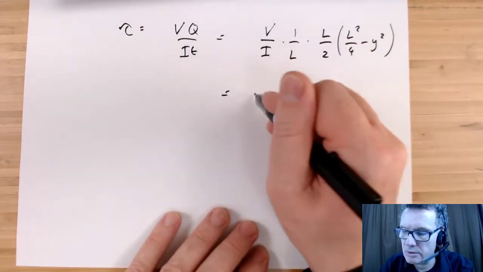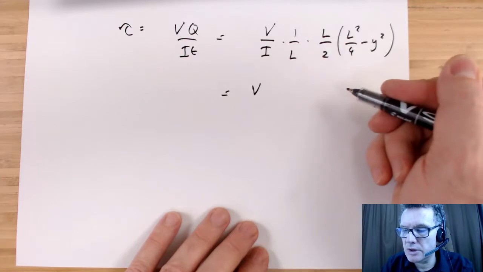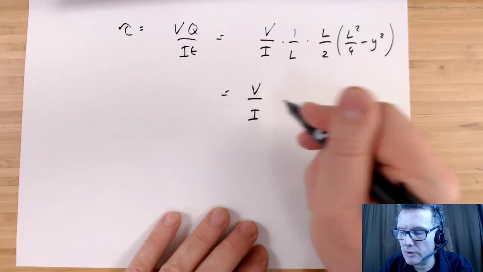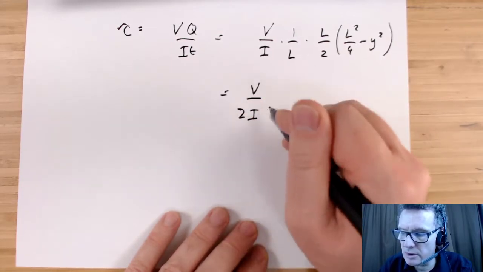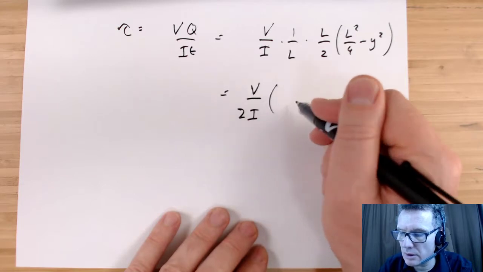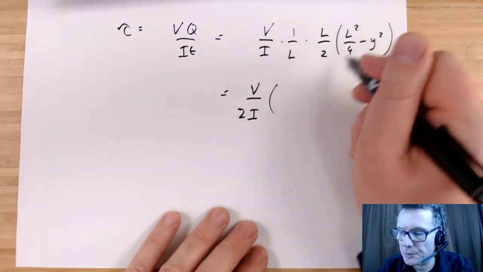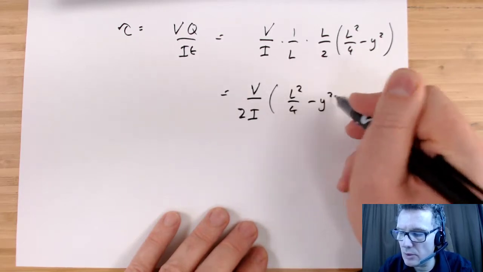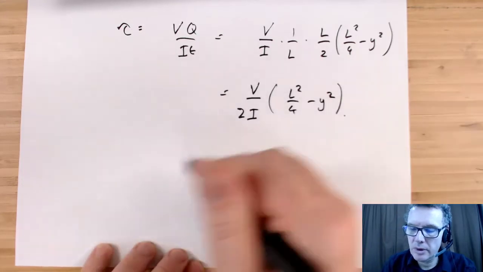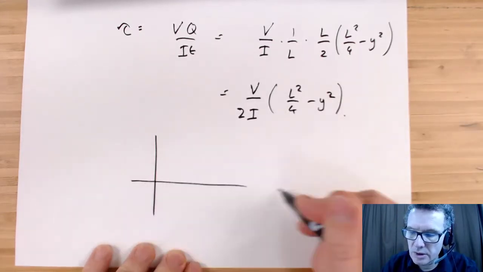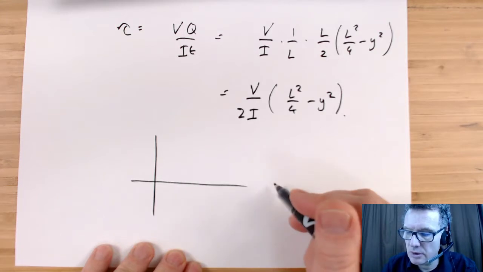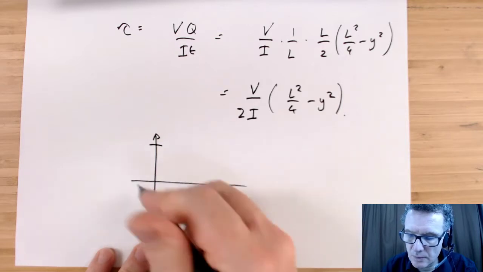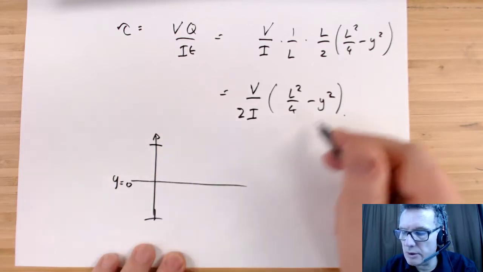So the L's cancel, so we need to know the shear force, the second moment of area, put the 2 there. I'll leave it like this, L squared over 4 minus y squared. So my shear is going to be a maximum when y equals 0.